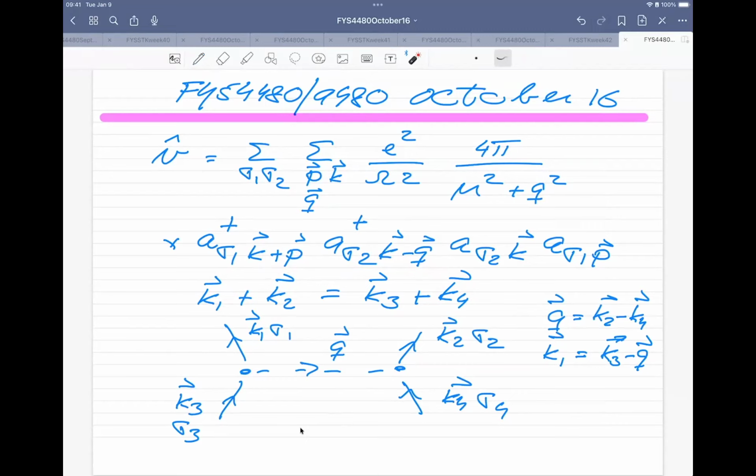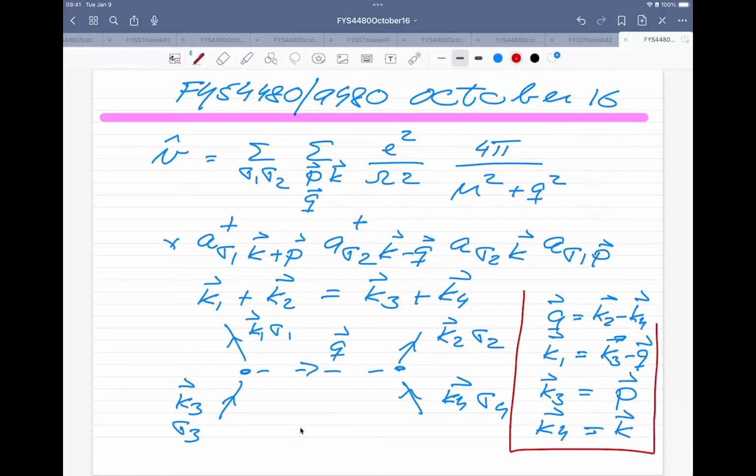So these are just some manipulations of an introduction of new variables. Then we are going to introduce a new variable just to simplify things. And this is K3, which we simply call P. So that's the P in the formula, which you see there. And then we also define a new variable for K4, which we simply call K. And this is just to simplify the notation a little bit. So let us frame that one in here.